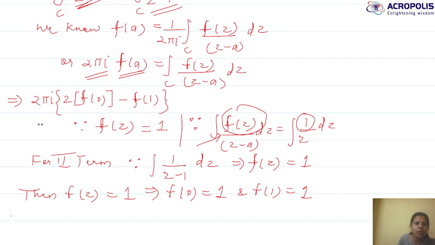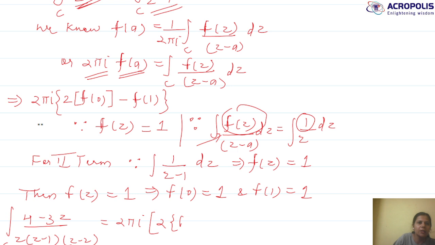So the integral of (4 minus 3z) upon z(z minus 1)(z minus 2) along C equals 2 pi iota times (2 f of 0 minus f of 1).